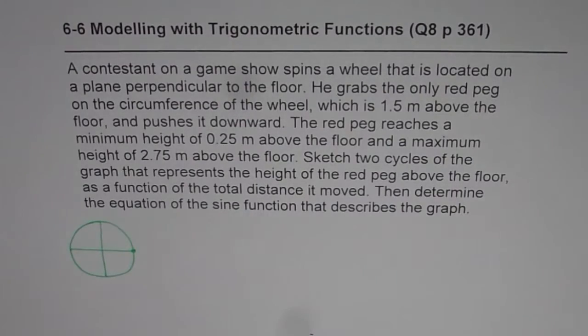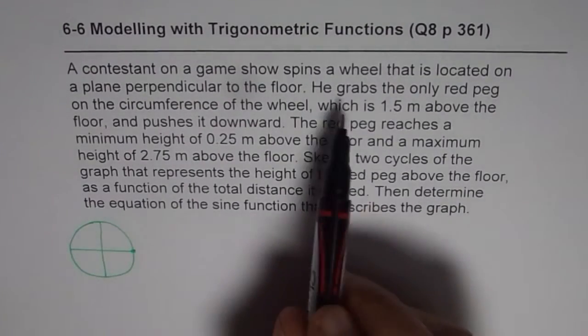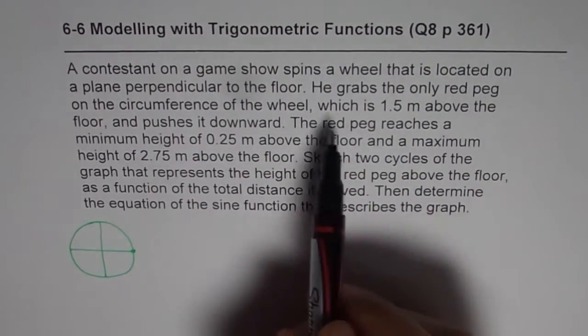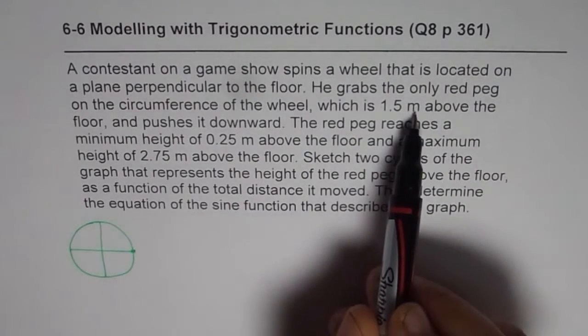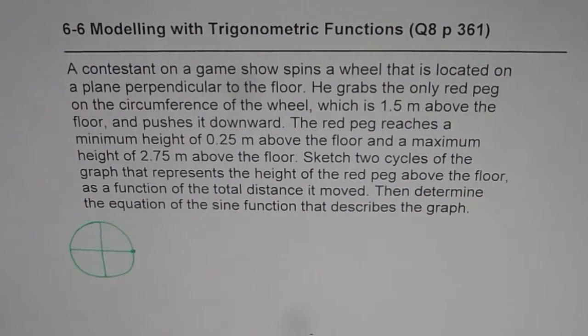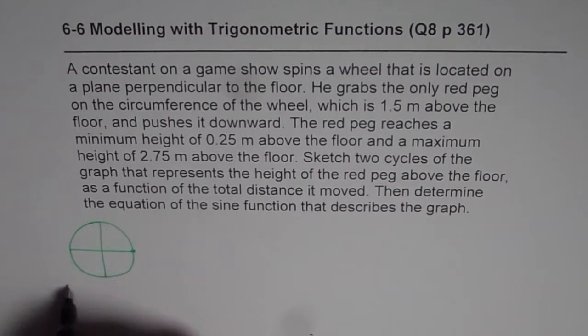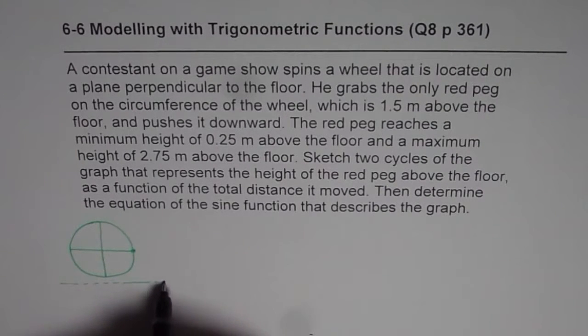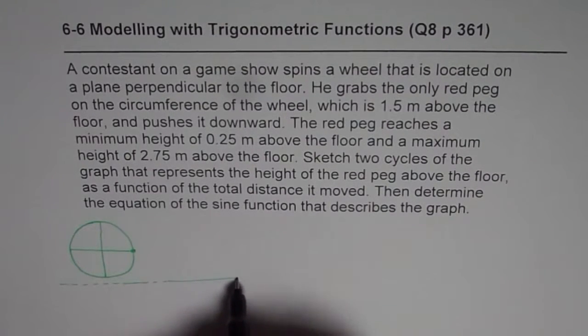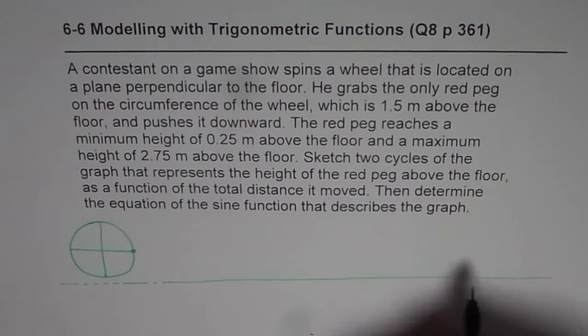What we are given here is that the wheel has a red peg which is 1.5 meters above the floor. So let us say this is the floor. Let me just extend this floor. We'll draw the wave here.